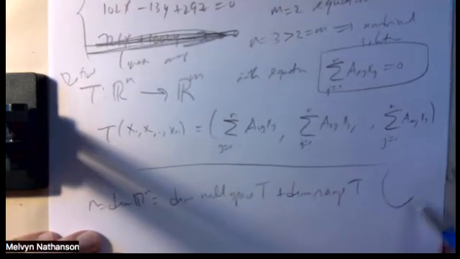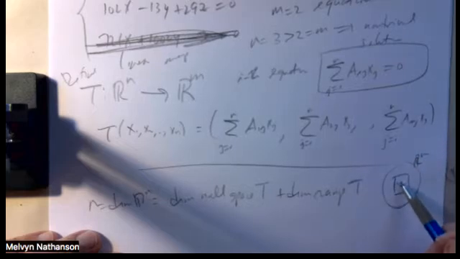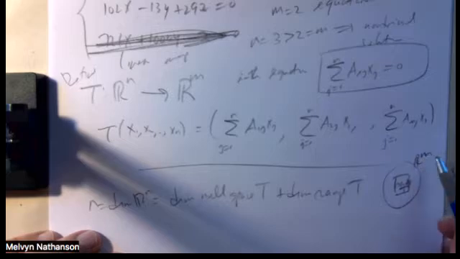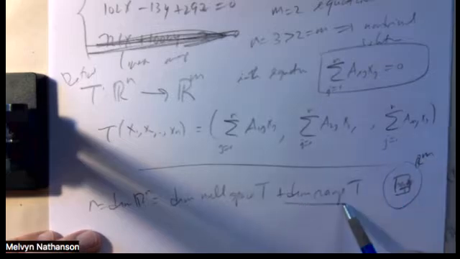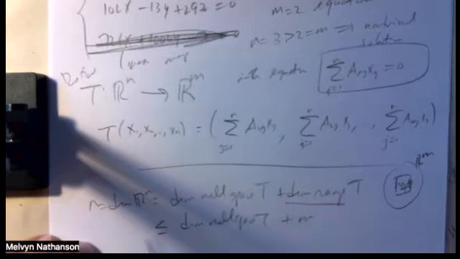But the range of T sits inside of Rm. So this dimension is at most m. So n is less than or equal to the dimension of the null space of T plus m.